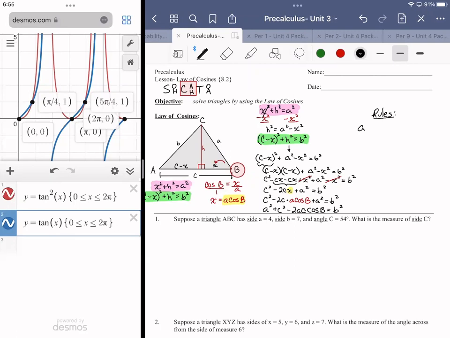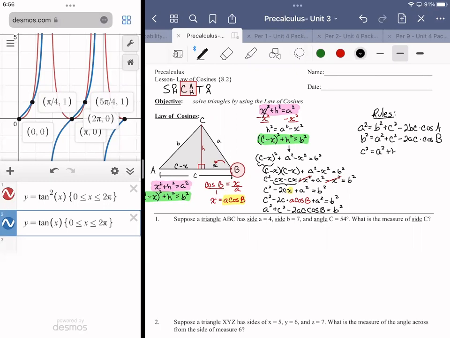We have a squared is equal to b squared plus c squared minus 2bc times cosine of A. B squared, that's the one we just came up with, is equal to a squared plus c squared minus 2ac times cosine of B. And then the last one would be c squared. This is a lowercase c squared, and my lowercase and uppercase don't really distinguish themselves.